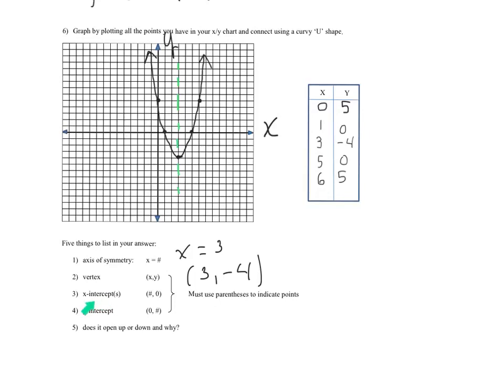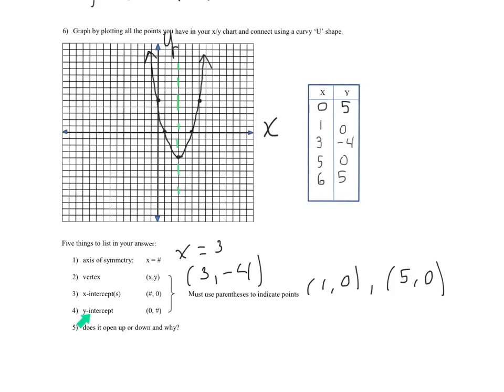Next, we're going to list our x-intercepts. So our x-intercepts up in our graph were right here, the 1, 0, and the 5, 0. And they were right in our chart. But we do have to actually list them down here as points, so we need the zeros. So x-intercepts are always a number first, comma 0. So here's our x-intercepts.